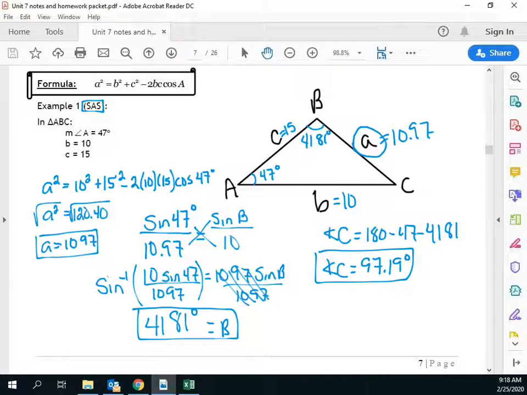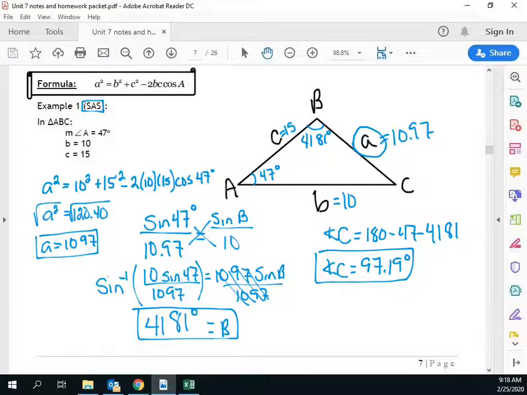The good thing about law of cosines, now there is work involved, of course, as you can see, like all of them will be, solving triangles. The good news is no ambiguous case, no special circumstances, no nothing. It is straightforward. Here you go. That's it.